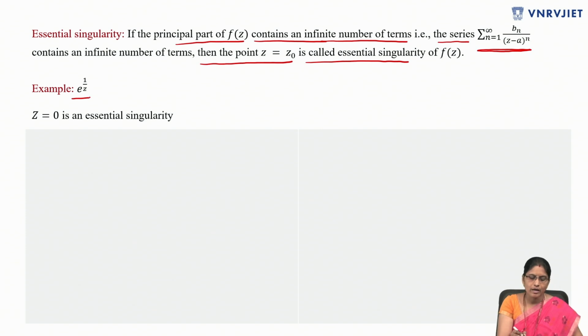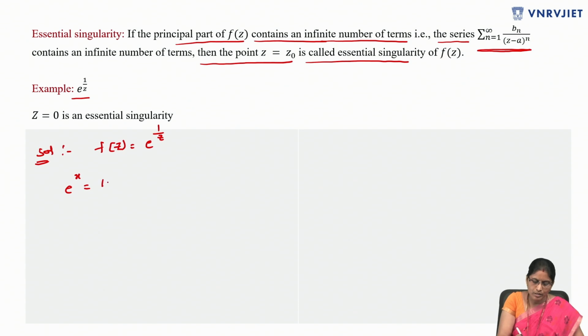Given function is f of z is equal to e power 1 by z. We have to find out the essential singularity for the given function f of z. So how can we find out the essential singularity? First we have to note down that f of z is equal to e power 1 by z. So what is the expansion of e power x?